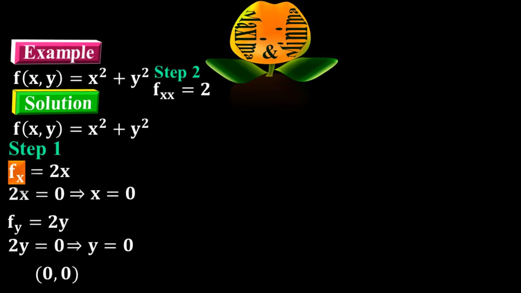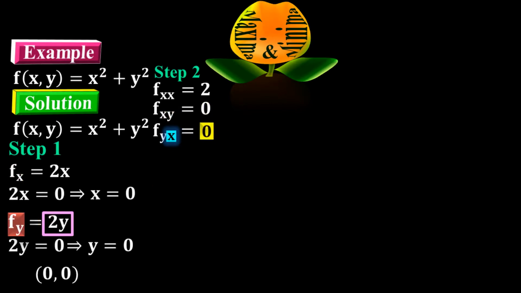And then again differentiate f sub x with respect to y to get 0, because there is no y variable. There is only 2x. Now take the function f sub y and differentiate it first with respect to x to get 0. There is no x variable. And now differentiate it with respect to y to get 2.